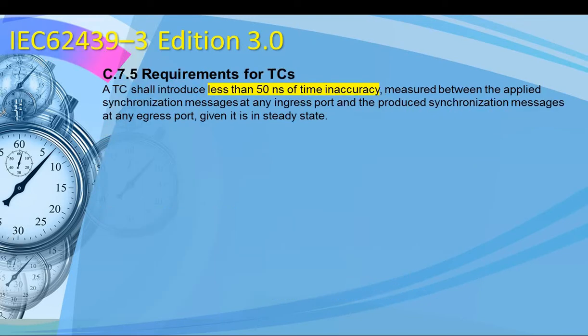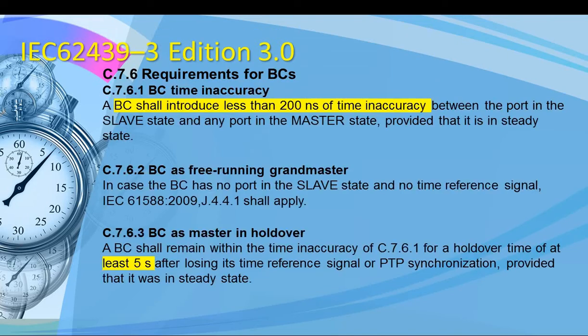This is the requirement for the transparent clock. The accuracy should be better than 50 nanoseconds per hop. For the boundary clock, there is this timing requirement: the inaccuracy should be better than 200 nanoseconds per hop.